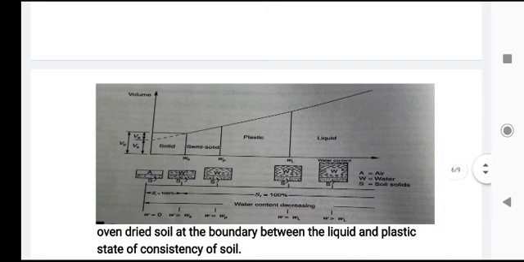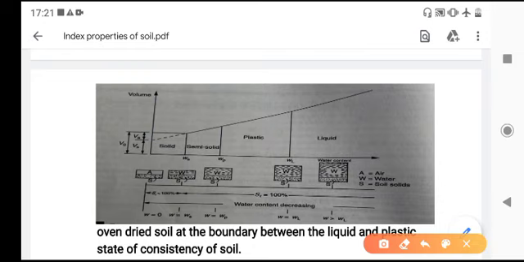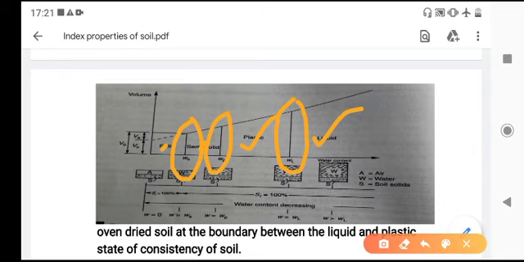In this picture we see the liquid state, plastic state, semi-solid and solid. Between the plastic state and liquid state, this limit is called the liquid limit, this is the plastic limit, and this is the shrinkage limit. The shrinkage limit is the boundary between the solid state and semi-solid state. This diagram represents the Atterberg limits.